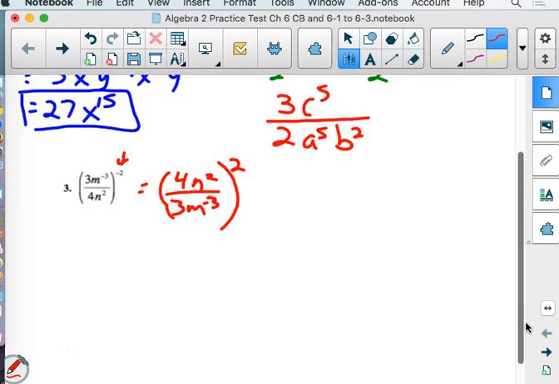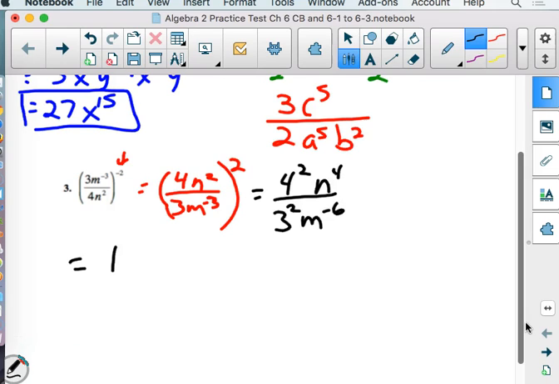That's just one of many ways to do this problem, but I think that helps a lot. Because then you look at it and you realize, well, now I can distribute the 2. I can give the 2 to everything that's up there. So I'll have 4 squared n to the 4th over 3 squared m to the negative 6.